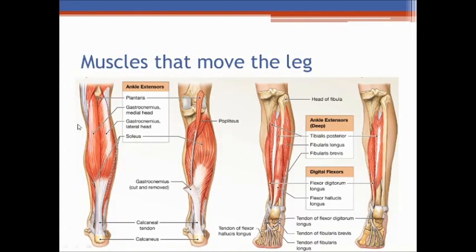In the calf, we have the soleus, which is deep to the bigger muscle known as gastrocnemius. Notice that they come together to contribute to the Achilles tendon, also known as the calcaneal tendon. Deeper to that, we have tibialis posterior and fibularis longus and brevis, also known as peroneal longus and brevis.